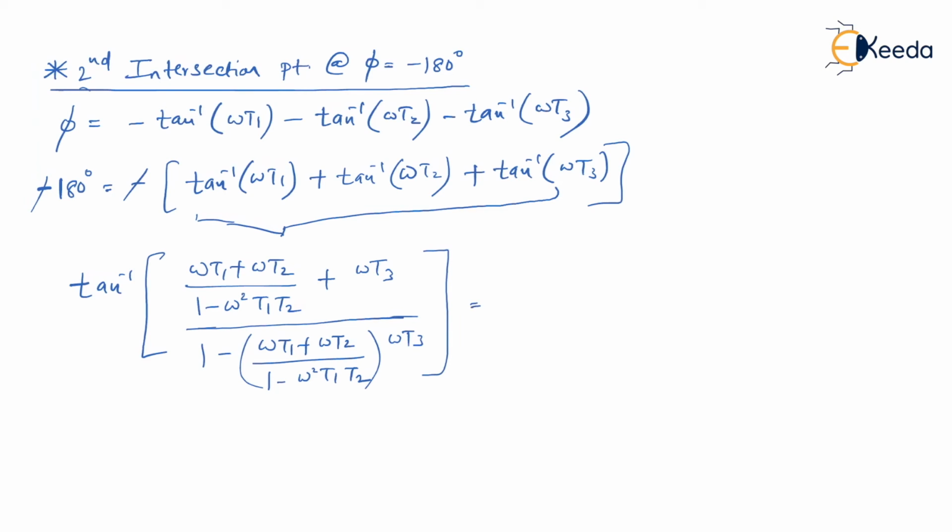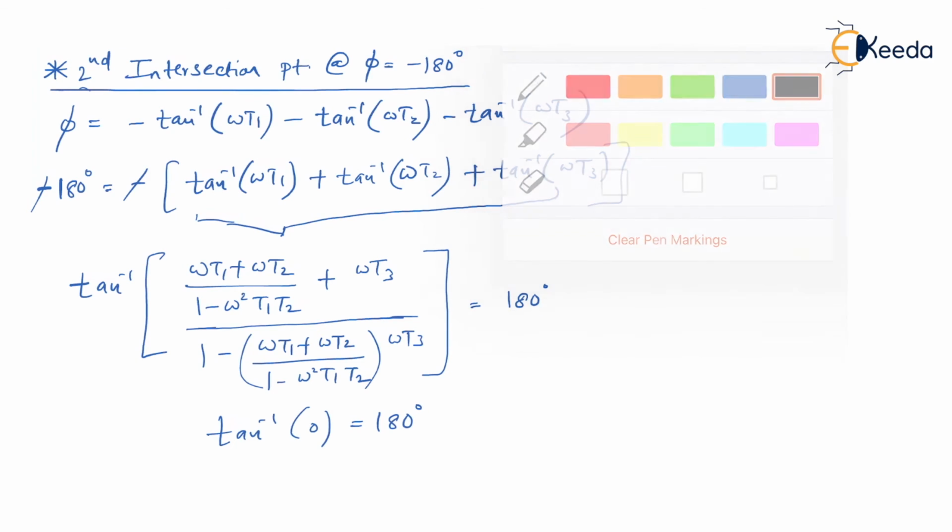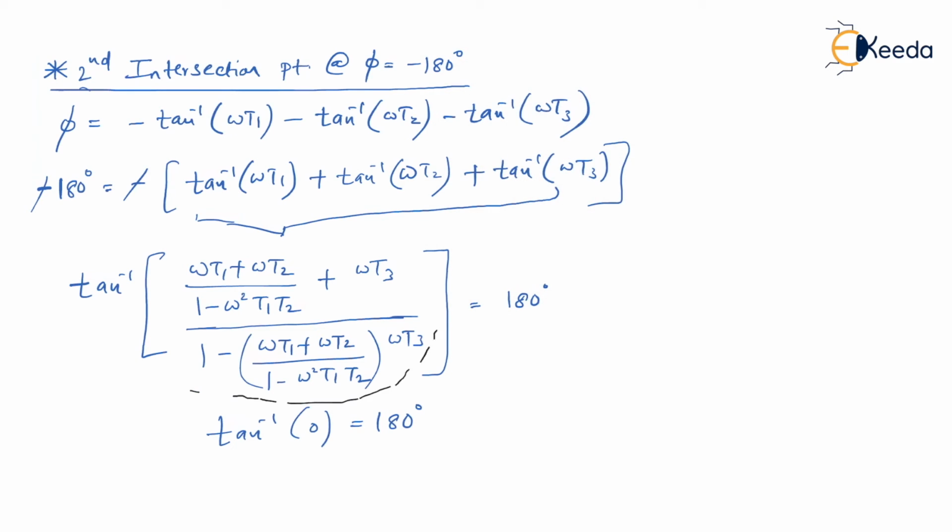And imagine now this is equal to 180 degree. So you should know the fact that tan inverse of 0 is 180 degree. So you can imagine this complete ratio as 0, I will consider numerator value equal to 0. That is feasible for me.